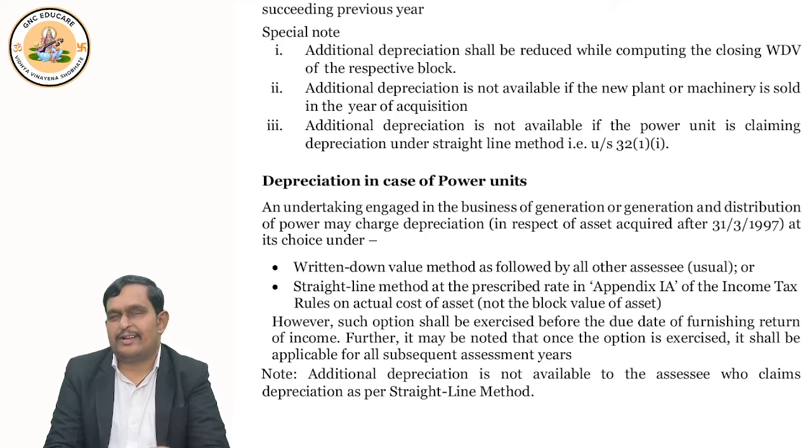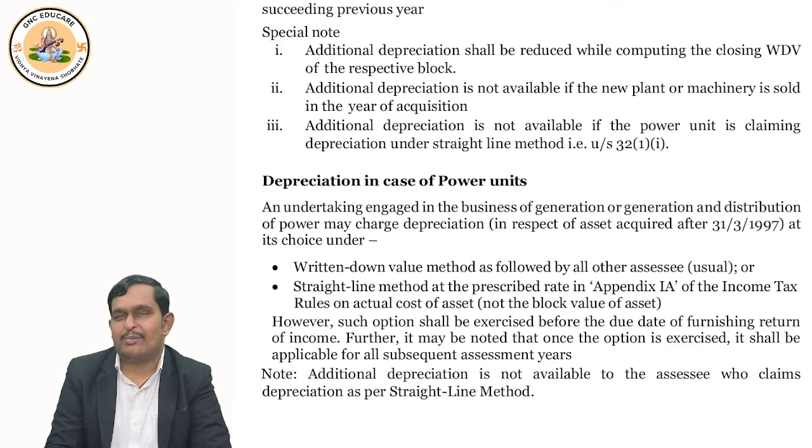And in the special note, the first point I already said: when you compute your business income, you deduct normal depreciation and additional depreciation if you are filing return under the optional tax regime. If you are filing under 115BAE, only normal depreciation.